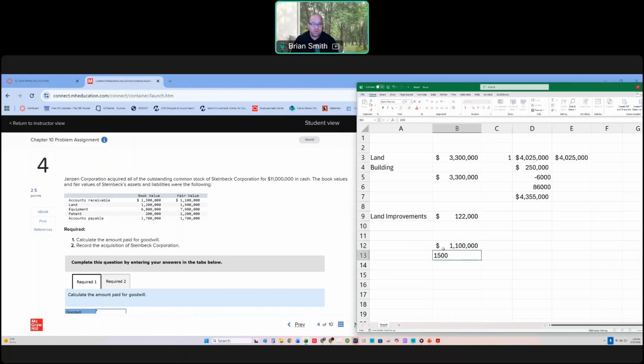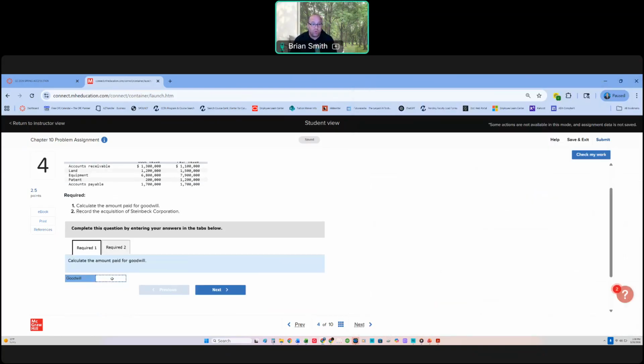Land is an asset. Equipment is an asset. Patents are assets. Accounts payable are liabilities. So the value of all of that is 10 million. We paid 11 million. So the amount of goodwill is going to be 1 million.